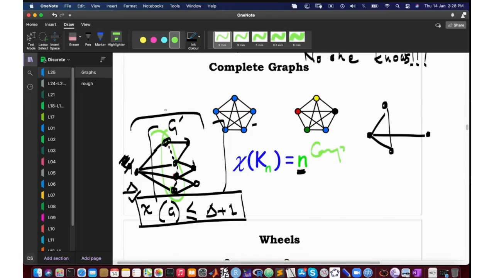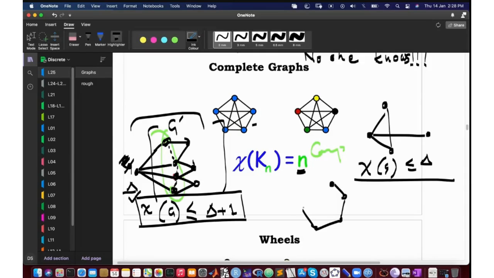So it looks like if it's not a complete graph, chi of G might be less than or equal to delta. But let me give you another example in which this is not the case. How about this graph?